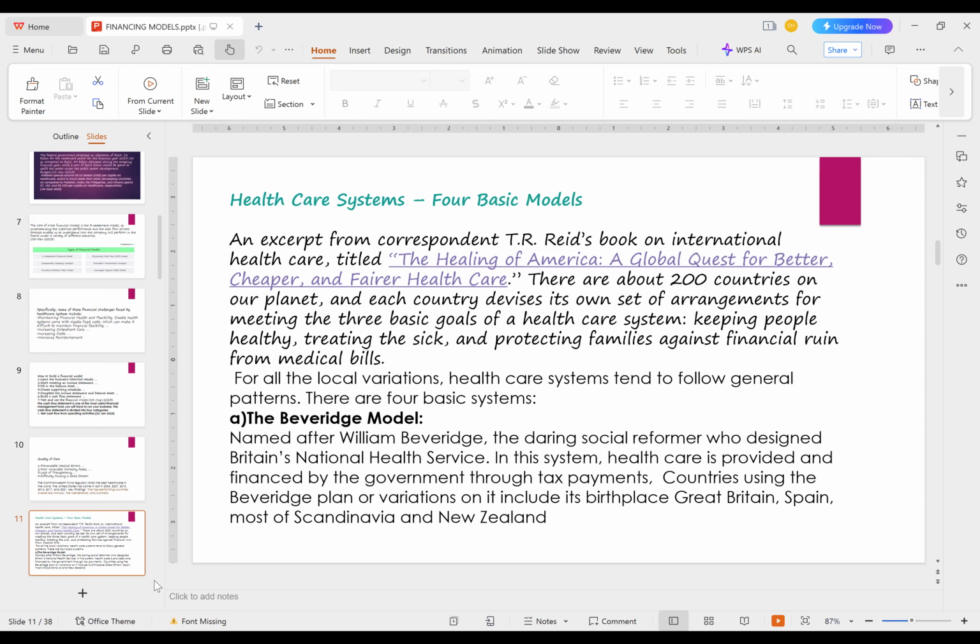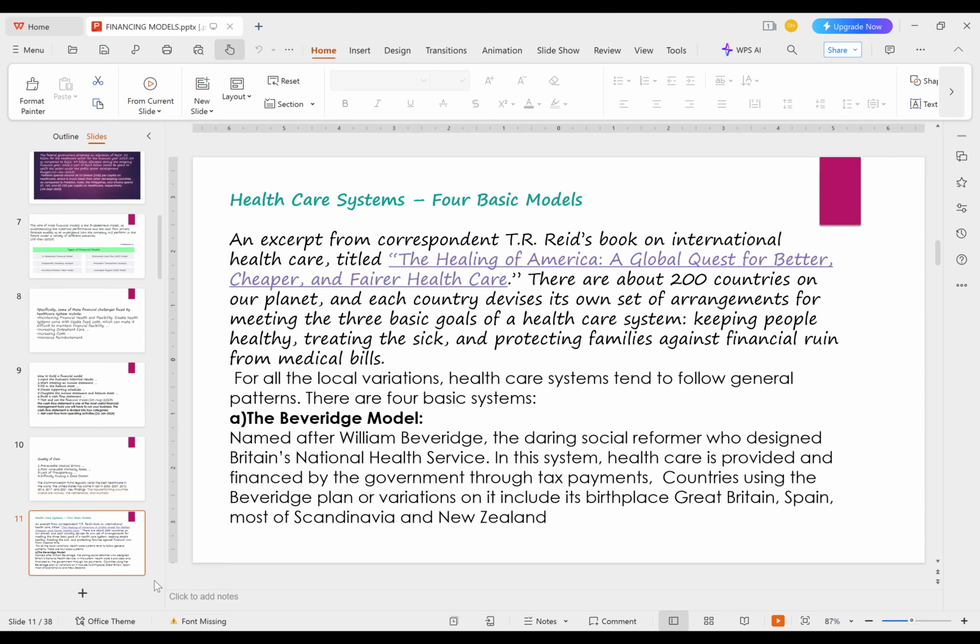There are four basic systems therein. The Beveridge model, named after William Beveridge, the daring social reformer who designed Britain's National Health Service. In this system, healthcare is provided and financed by the government through tax payments.